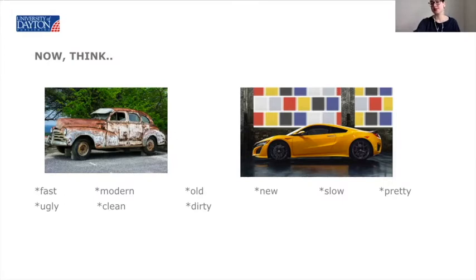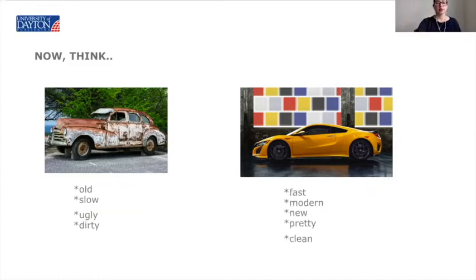Remember that if you're not ready for the answer and you know that I'm about to tell you the answer, you can pause the video as many times as you like, okay? I'm gonna go ahead to the next slide. For the white car, we got old, slow, ugly, and dirty.